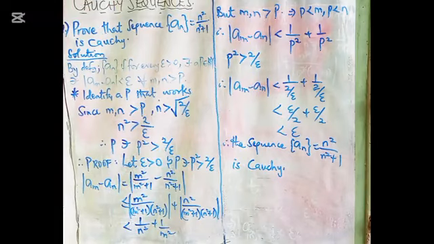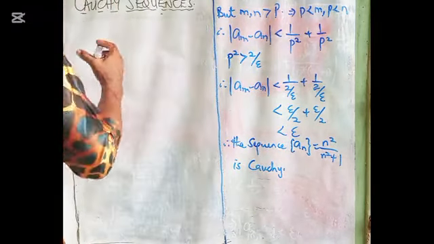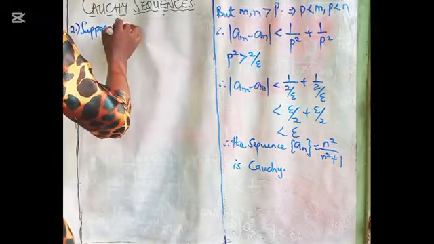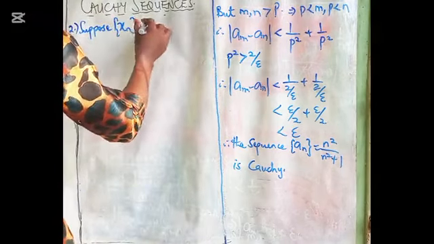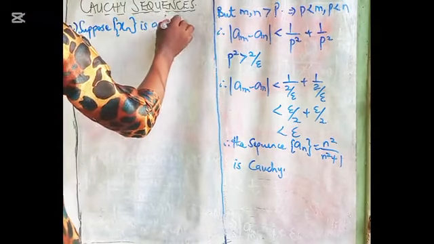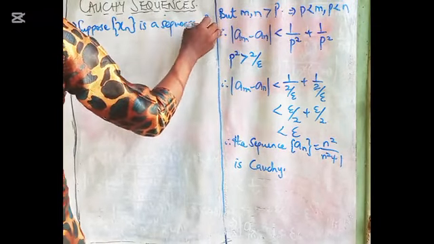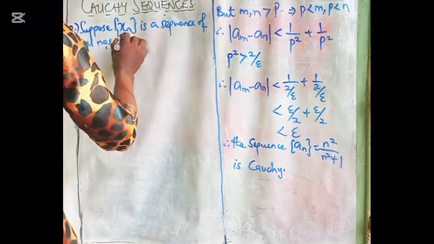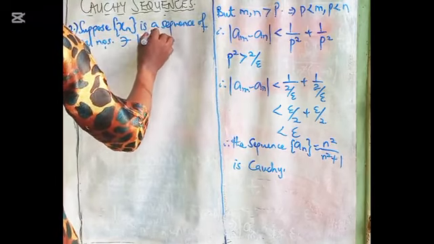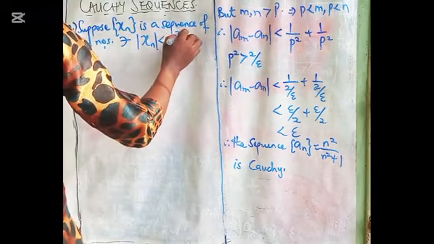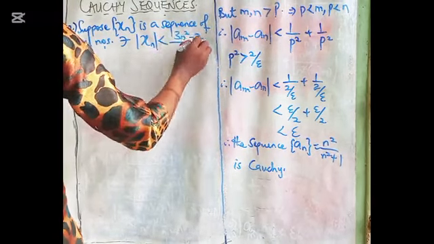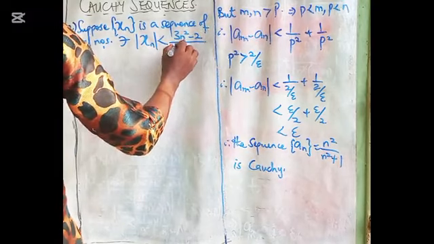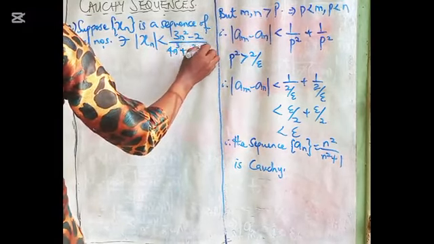We'll take another one and prove that the sequence is Cauchy. For our second example, suppose x sub n is a sequence of real numbers such that the absolute value of x sub n is less than 3n squared minus 2 over 4n cubed plus n squared plus 3.